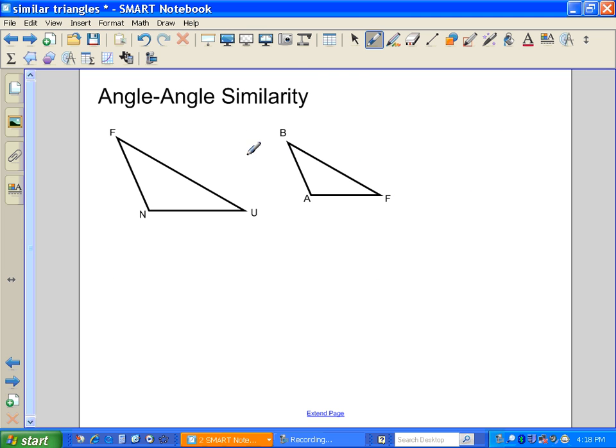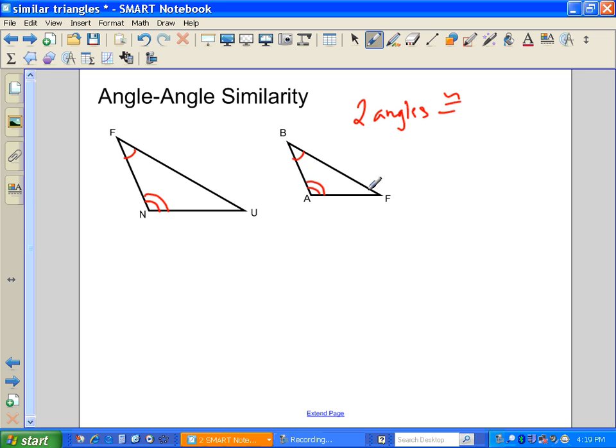When we have angle-angle similarity, then all we need are two angles congruent. Remember, that's the congruent symbol. It's implied that the third angle is congruent because we've talked about 180 degrees in a triangle. So if, say, this angle is congruent to this angle, and this angle is congruent to this angle, then we know that the last angle must be congruent to the last angle.